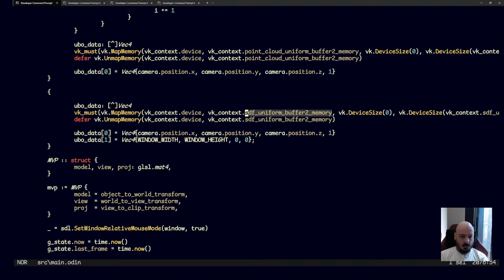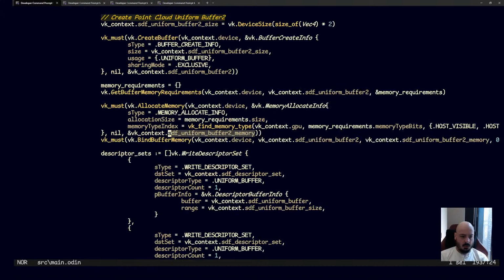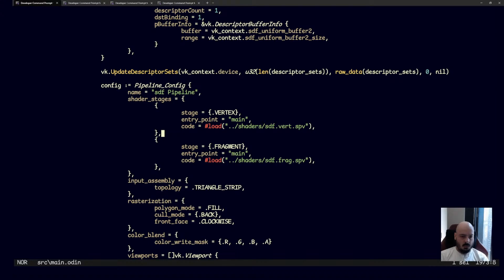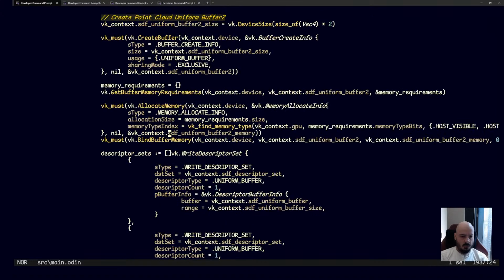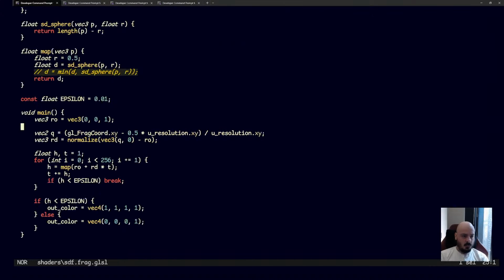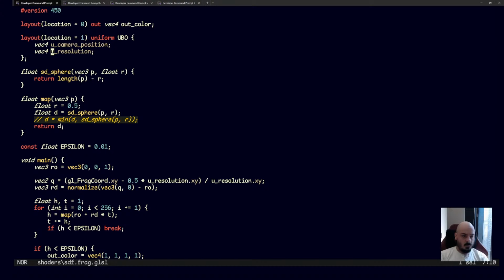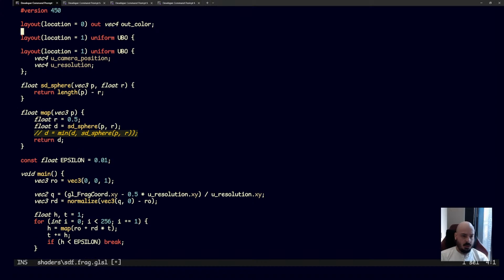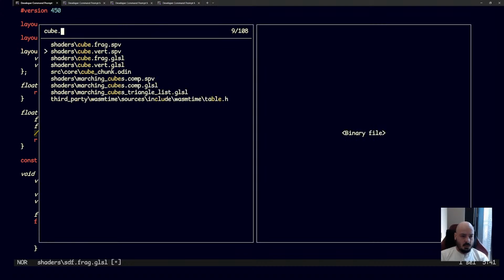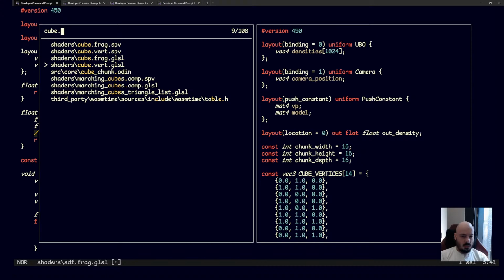What is it? Well, maybe that's fine. I probably need to add the densities to here. What was it again? Oh, I know what the problem's going to be.